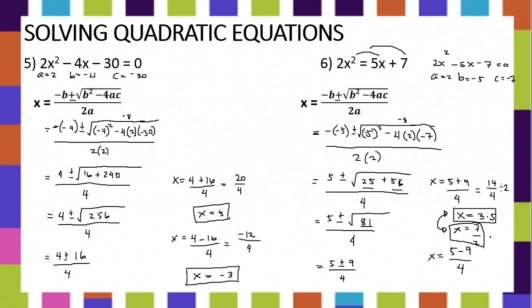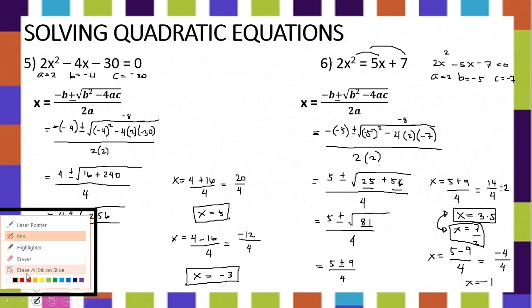Yan yung unang root natin. It's either 3.5 or 7 over 2. Pares lang naman yan. Okay. Next naman, isolve natin yung isa. 5 minus 9 is negative 4 over 4. Ang x natin is negative 1.